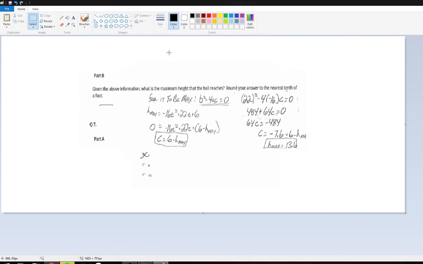So, here's all you have to do. You need to calculate the c in the quadratic equation. I should have written this out.